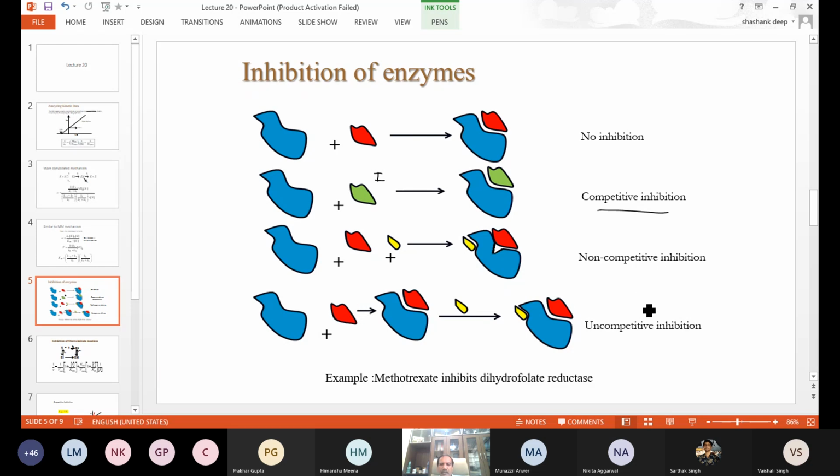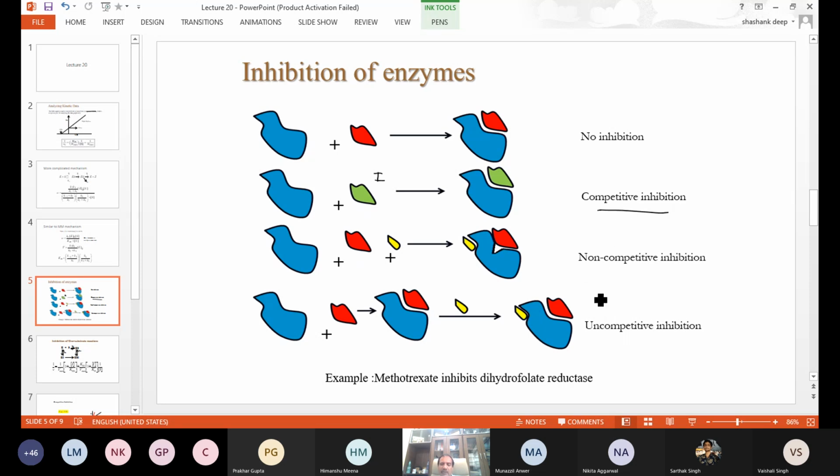Now, there is another kind of mechanism. These are the generally seen inhibitions in the case of enzymes, and these inhibitors also act as drug molecules, so it is very important to understand the mechanism. The last one is known as uncompetitive inhibition. Competitive, non-competitive, uncompetitive.